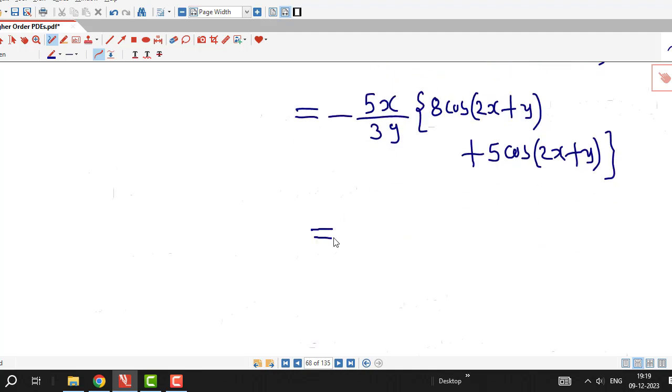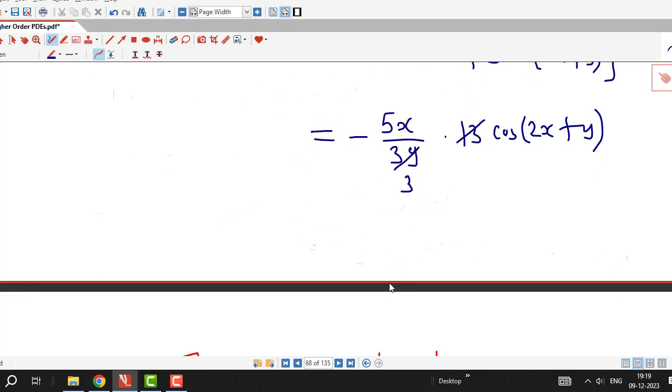And this turns out to be minus 5x over 39, 8 plus 5, that is 13 cosine of 2x plus y, and this 13 will get cancelled with this 39, and finally our particular integral is minus 5x by 3 cosine of 2x plus y.